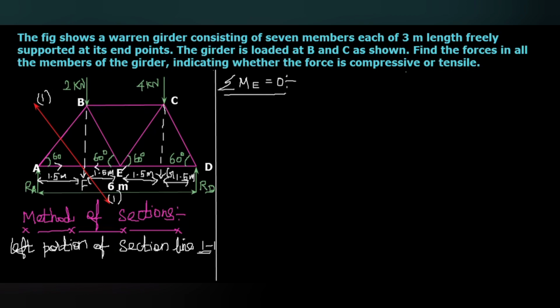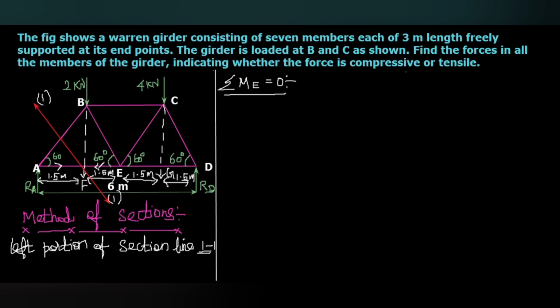When I'm taking moment about E, whether the force in the member AE acts towards the right side or left side, whatever the line of action of the force AE, it passes through the point E. So the moment made by that force will be eliminated.